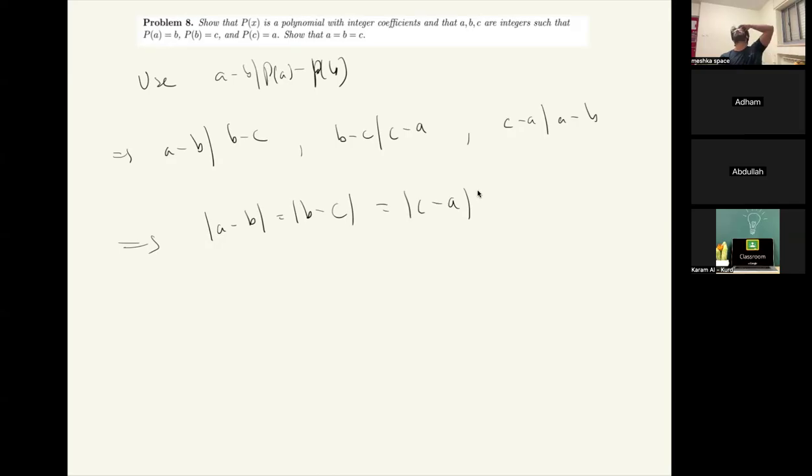Okay, so let's look. What does it mean for 0 to divide something? Maybe there's a matter of conventions here. Does 0 divide 1?